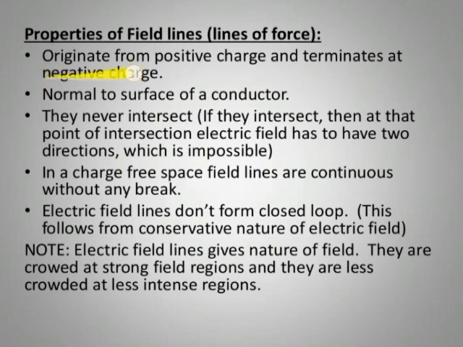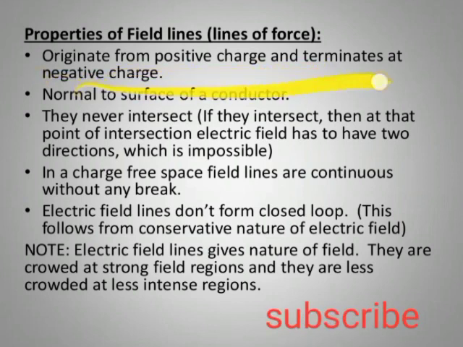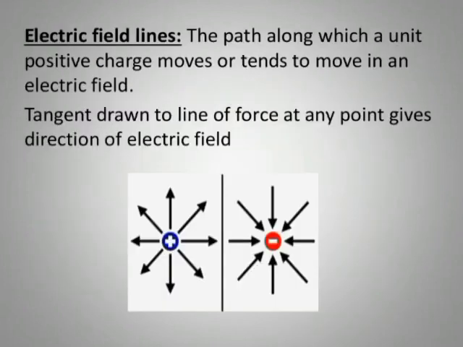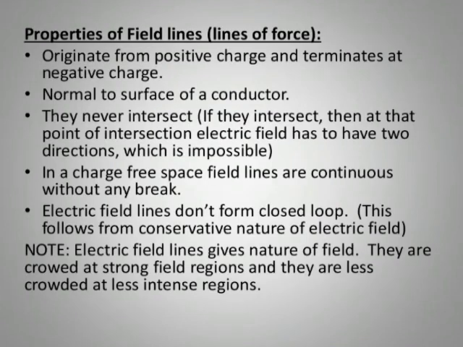The first point is they originate from positive charge and terminate at the negative. So it is originating from the positive, and it is terminating, ending up at the negative. So this is one property. Next, they are always normal to the surfaces of the conductor.